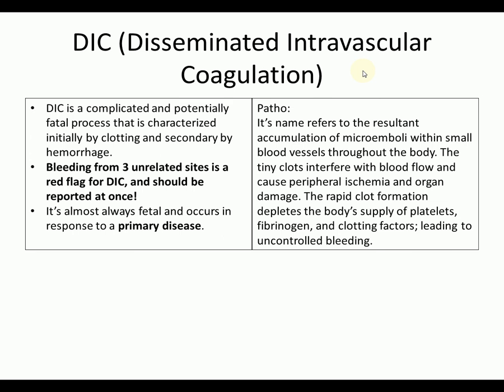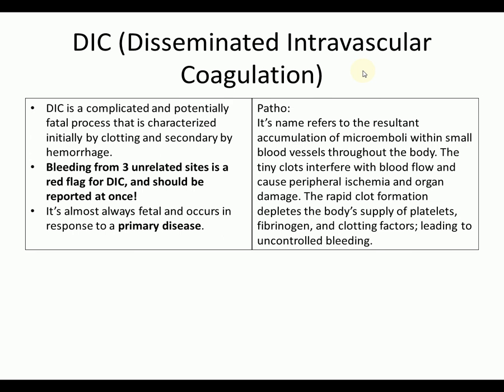DIC is a secondary disorder of coagulation that occurs as a complication of a number of pathologic processes such as hypoxia, acidosis, shock, and endothelial damage. It can result from many severe systemic diseases such as congenital heart disease, necrotizing endocarditis, gram-negative bacterial sepsis, rickettsial infection, and some severe viral infections.